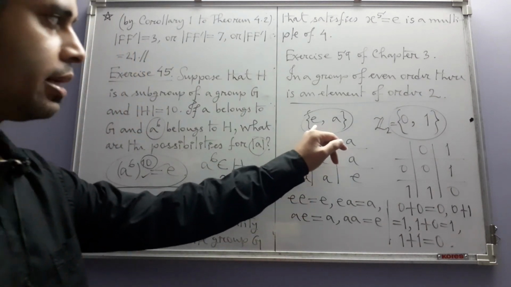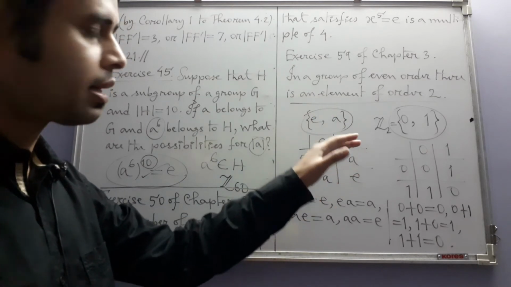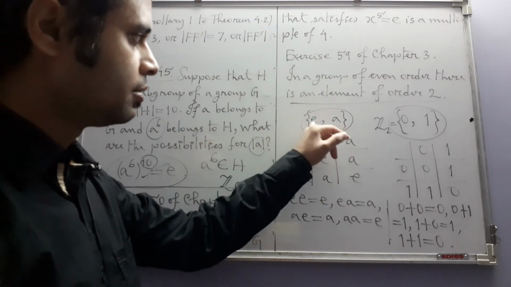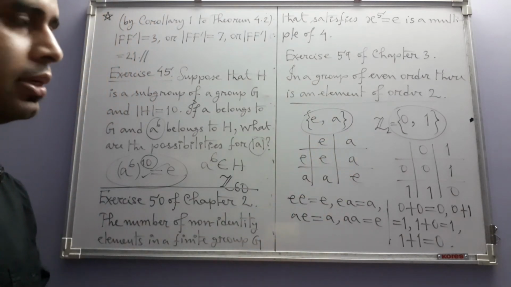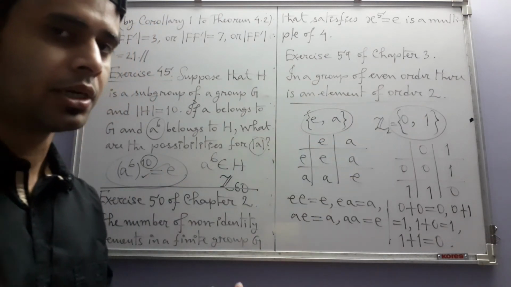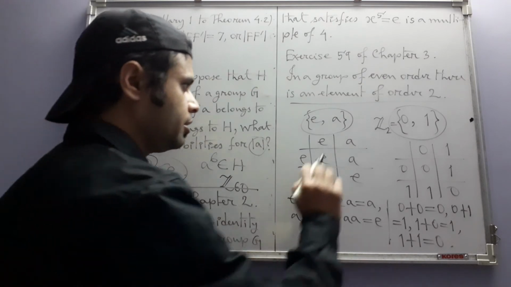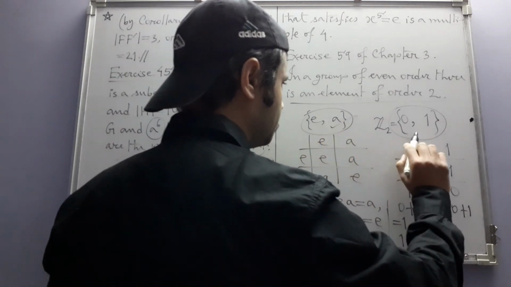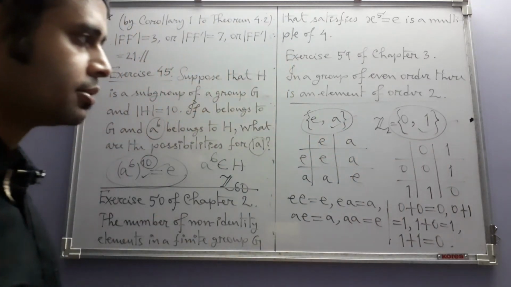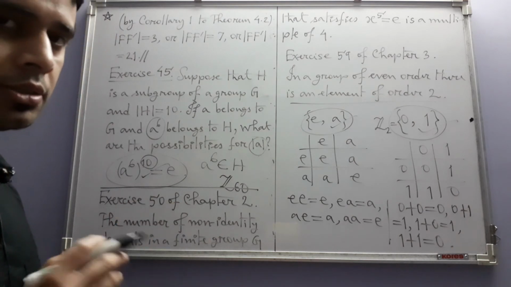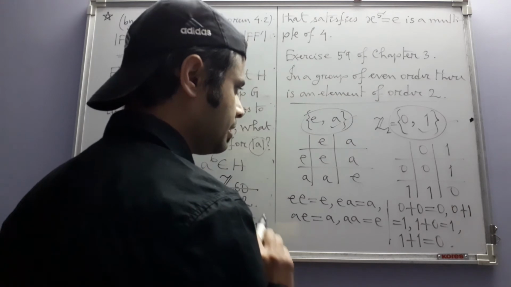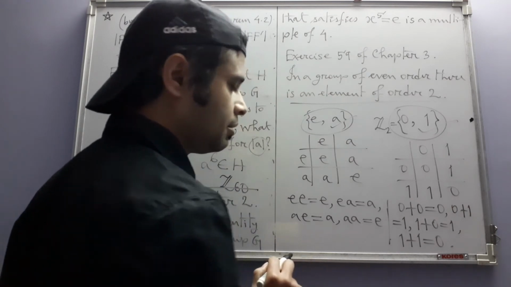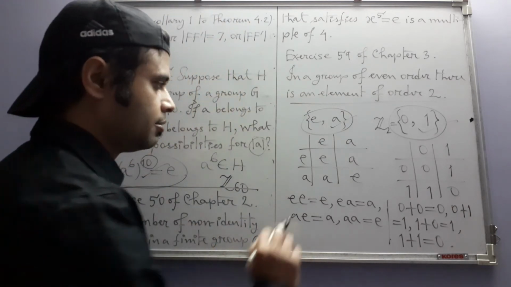The only thing is that as sets they are unrelated because the elements, here we have some abstract elements E and A, here we have numbers 0 and 1. The only common thing is that both the sets have two elements, but after introducing these two operations we can see that there is a sameness if we make an association.